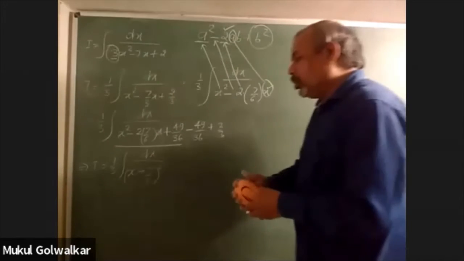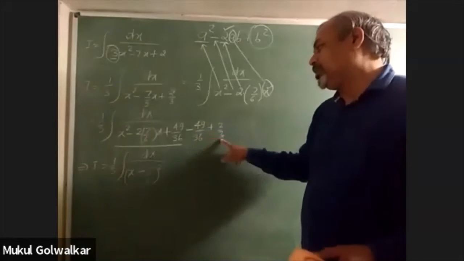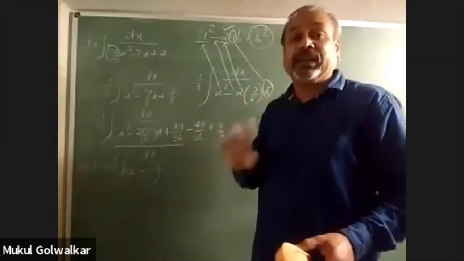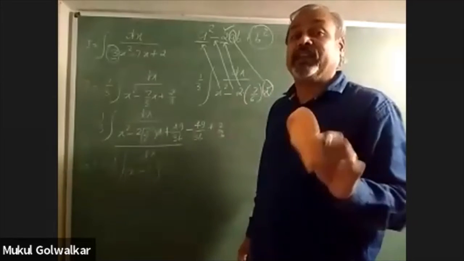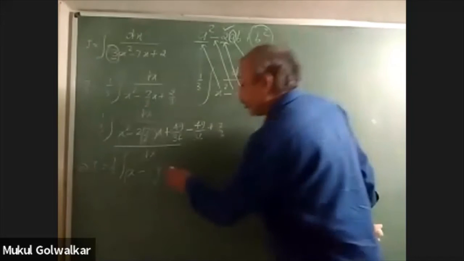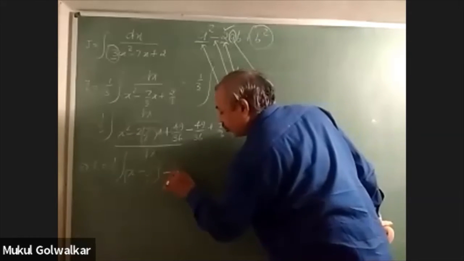Now the simplification of these two terms should be done properly with the sign. There should not be any mistake in the sign. So what is the simplification of these two terms? It is giving you minus 25 upon 36.